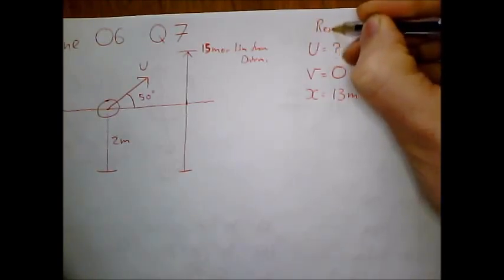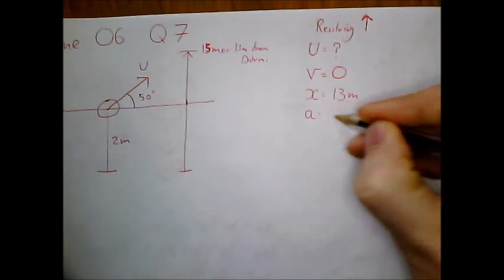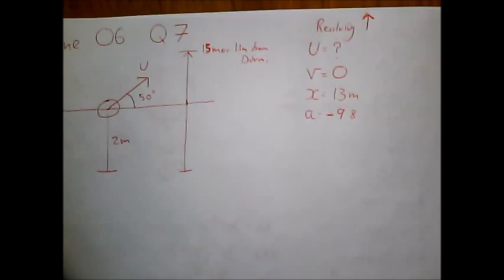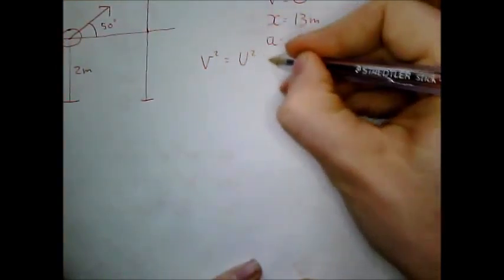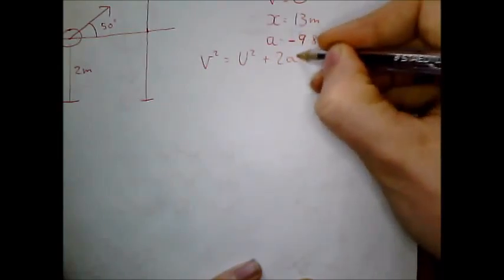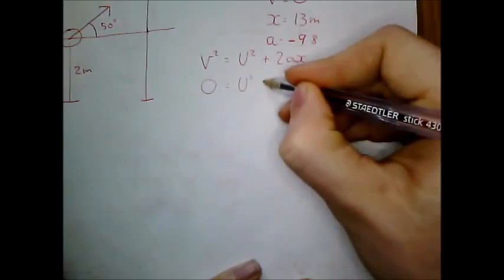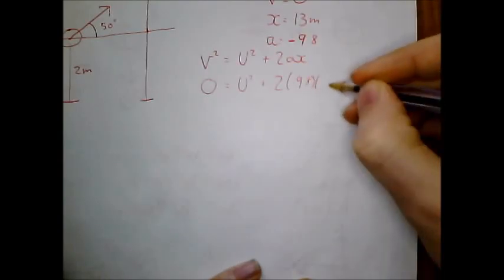It's worth noting that I'm resolving upwards, so our acceleration is negative 9.8. Using v squared equals u squared plus 2ax, we have 0 equals u squared plus 2 lots of negative 9.8 lots of 13.